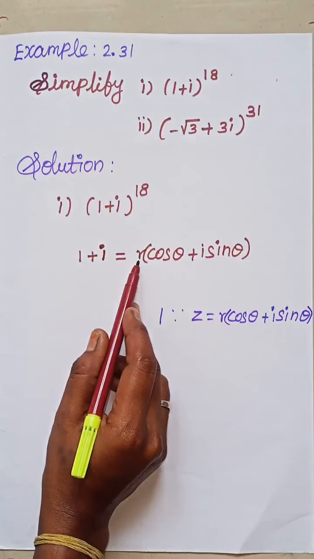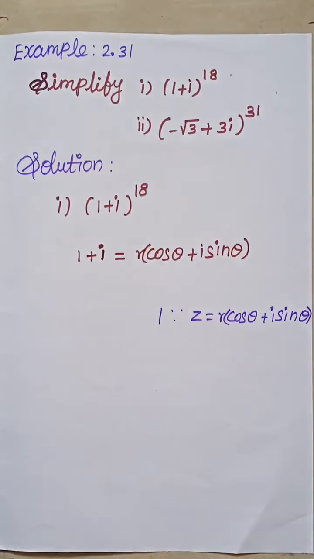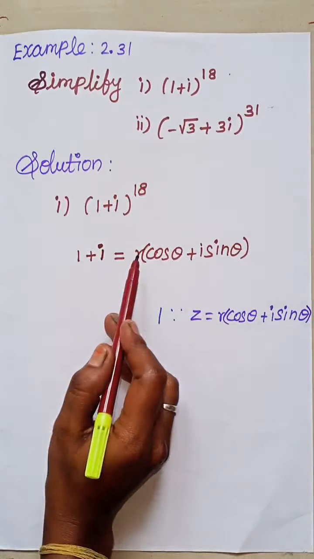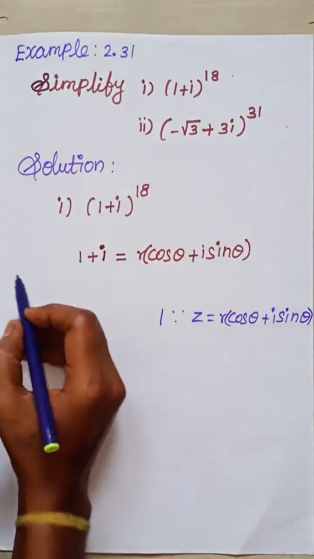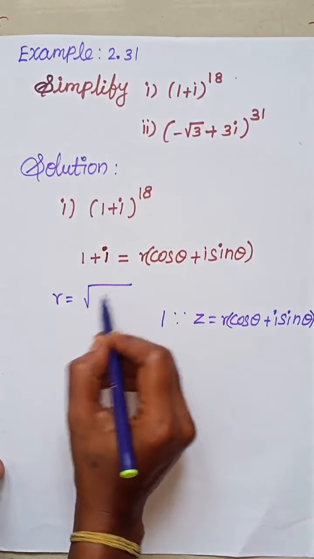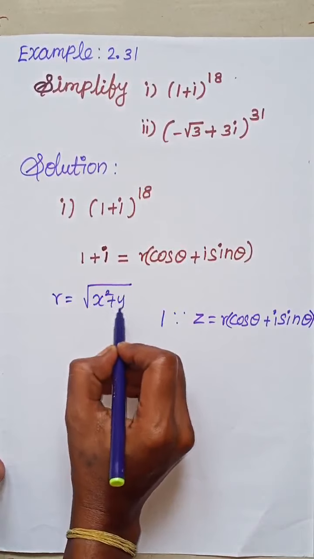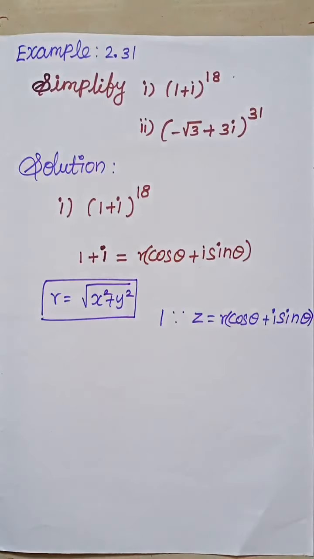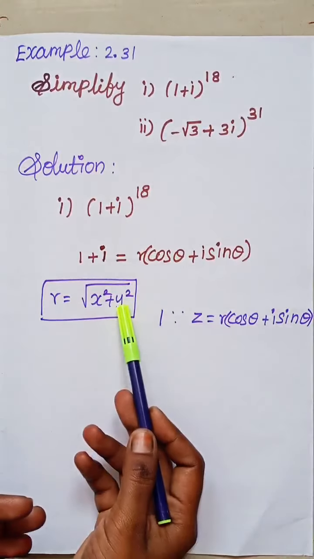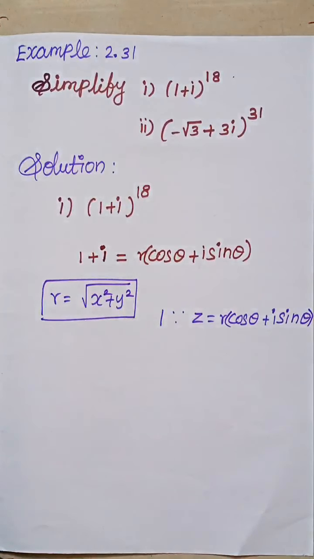Now find the value of r and theta. We know that the formula for r is equal to square root of x square plus y square. Here x is the real part and y is the imaginary part.